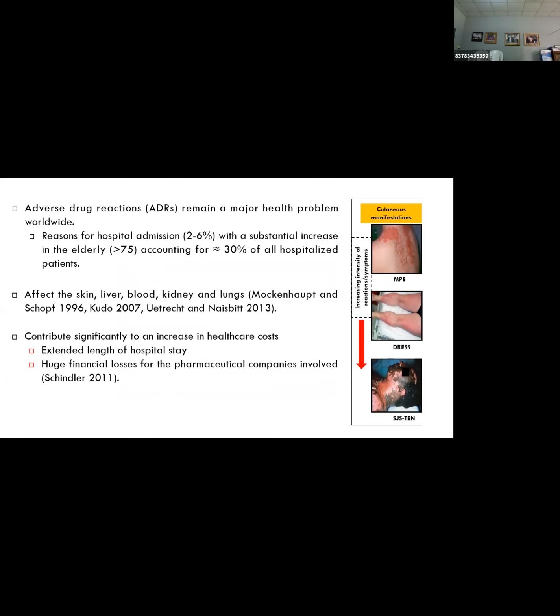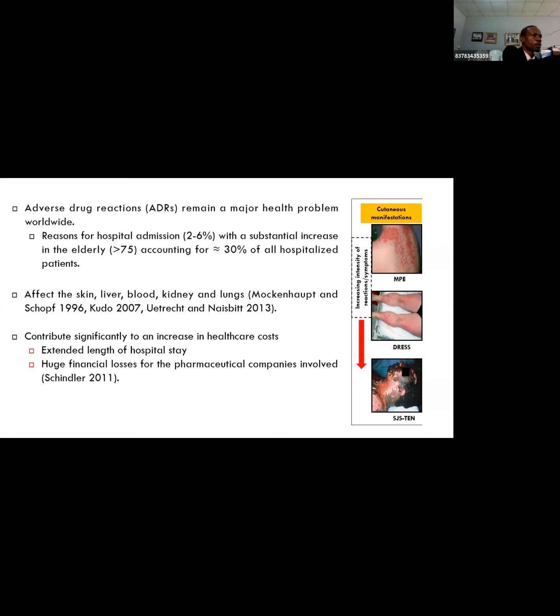Now, they contribute significantly to an increase in healthcare costs, and they also extend the length of hospital stay of patients, because when a drug develops an adverse reaction, the individual has to recover from that adverse reaction before the individual goes home.